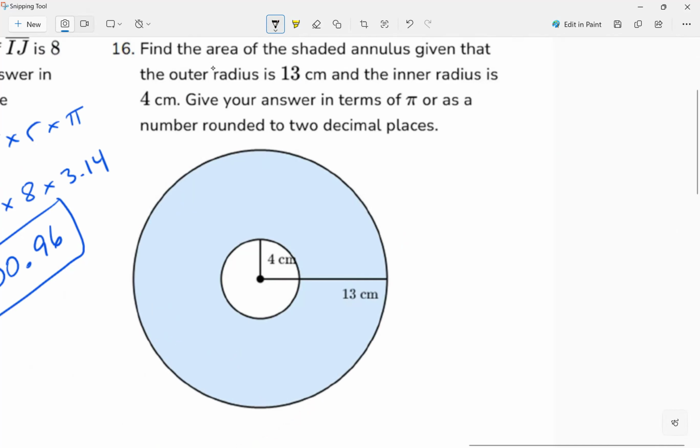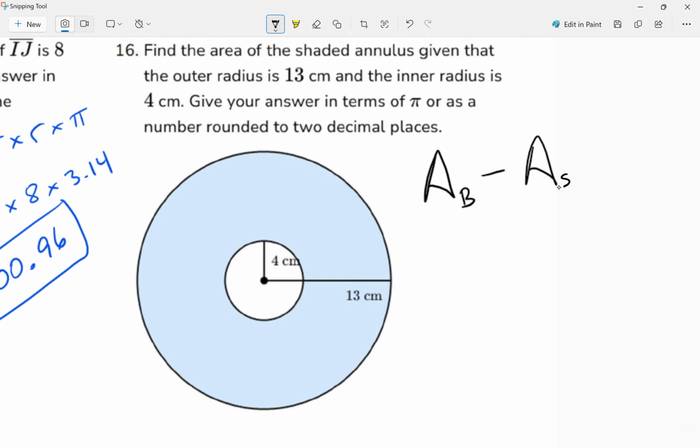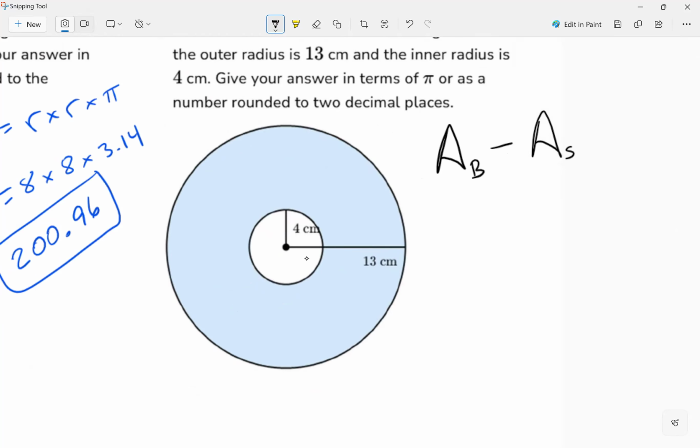So I'm gonna get the area of B for the big circle minus the area of S for the small circle. That's pretty much it. Now, the radius on the big circle is 13, right?